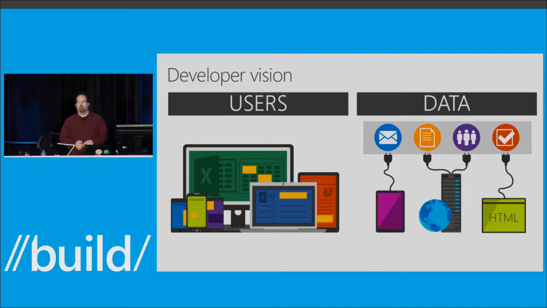So the OneNote API is really focused on data at the moment. I'm going to be talking about our REST API primarily today, but I want to show you how we think about that when integrated with the rest of Office to go and get that reach to users, and how you can couple your apps into that ecosystem and hook up to all of those users while bringing in OneNote data and your own data as well.